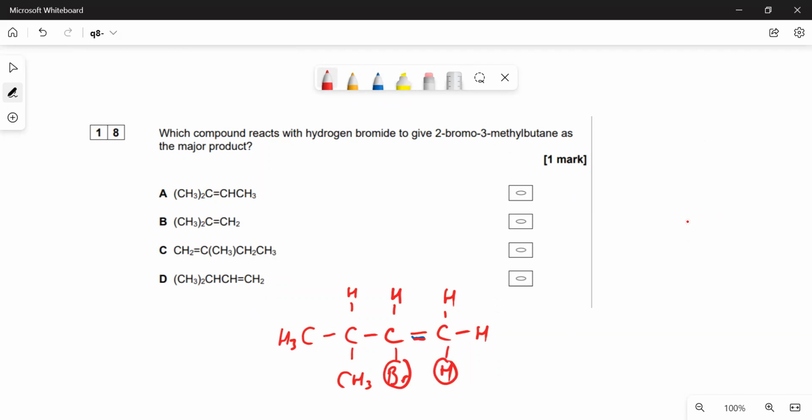So you can see that is this bottom option here. So you number those carbon atoms: 1, 2, 3, 4, with 1 double bond between 1 and 2, and a methyl group coming off number 3 as well. So that is our correct option.